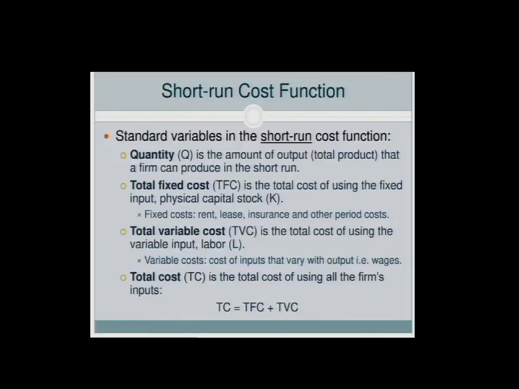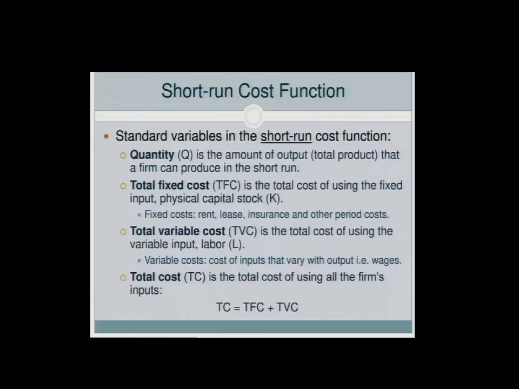So it could be rent, lease, line rentals, broadband expenses, and so on, for a business. Total variable costs are costs that vary with the level of output. As we produce more, we employ more workers, so wage and labor costs increase, or raw material costs increase. So it's the costs that rise with output. Now total cost is obviously fixed cost plus variable cost. Total cost, TC, is TFC, total fixed cost, plus TVC, total variable cost.